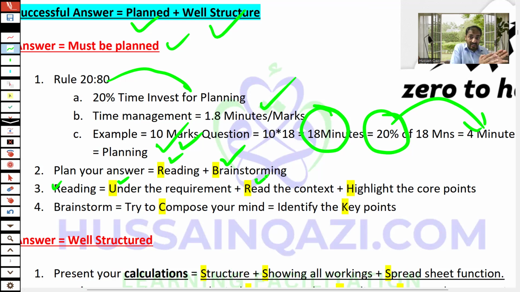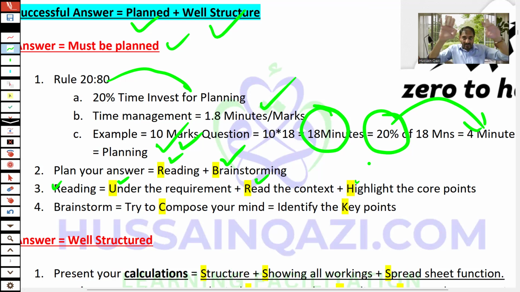Understand the requirement carefully, read the details and context of the question carefully, and highlight the core points. So whenever you're reading the question, make sure you have read the requirement carefully, read the context carefully, and highlighted the core points.